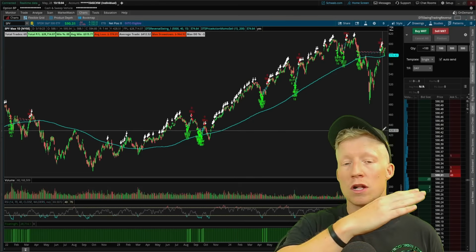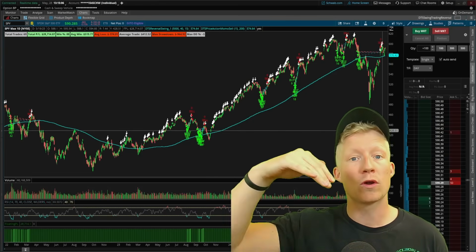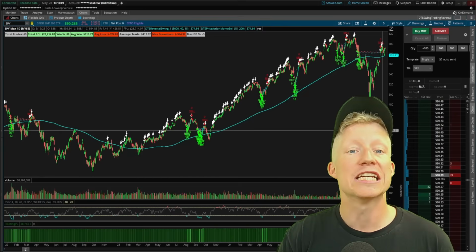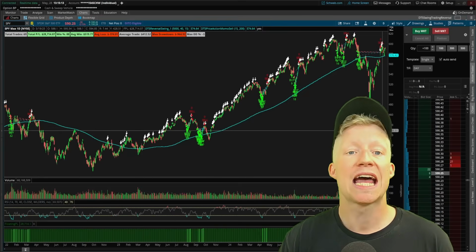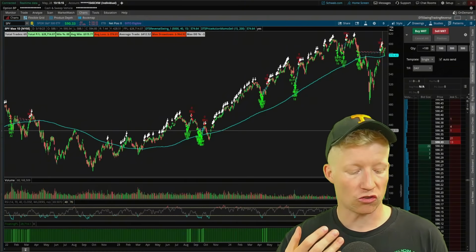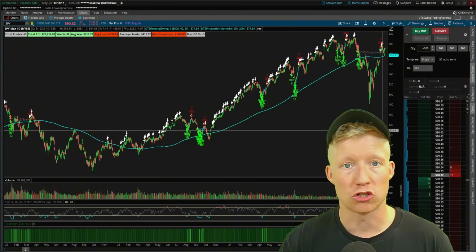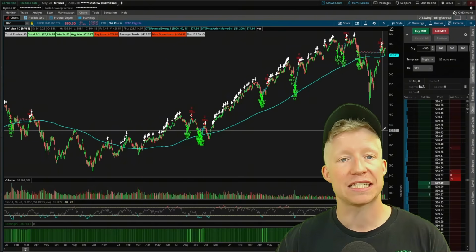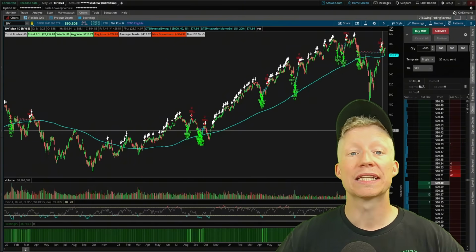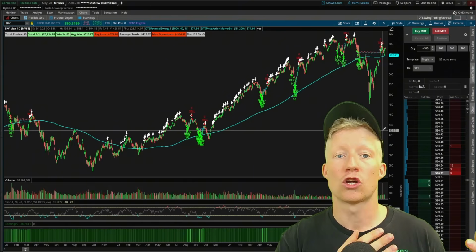The way that you smooth out your own account's P&L curve is by trading multiple strategies of multiple different types at the same time. So you're trading 1 or 2 continuation trading strategies. You're trading 1 or 2 reversal trading strategies at the same time. That's how you alleviate each other's risk.